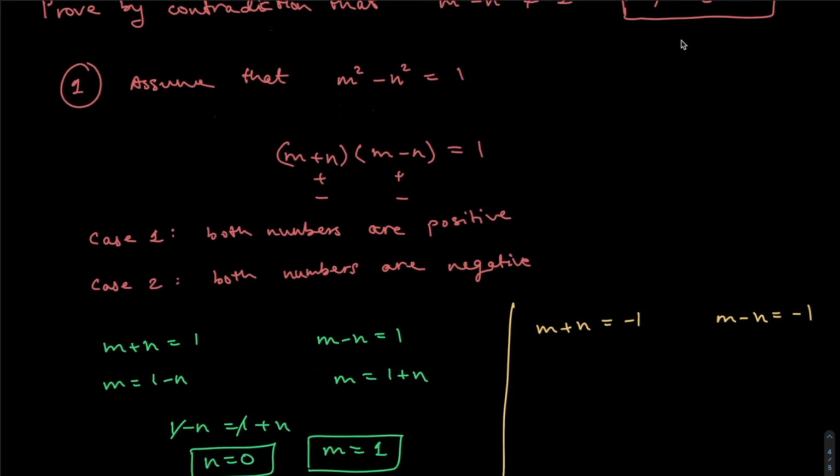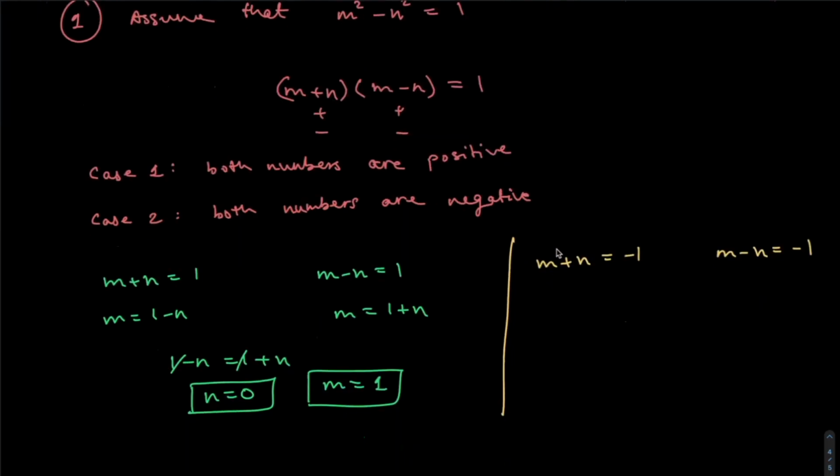So in what world is the sum of two positive numbers a negative number? Whether you take 1 and 1, it's 2. 1 plus 10, 11. Any situation like that. So you can see that we have a contradiction right here. No sum of two positive numbers is ever a negative number.